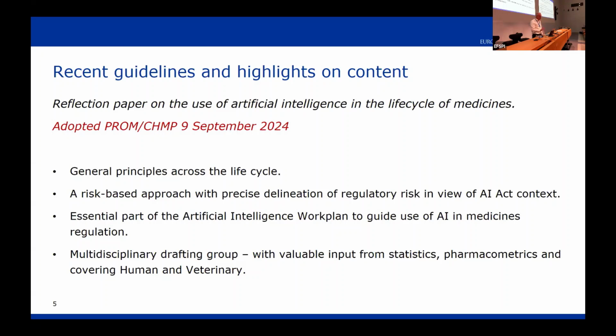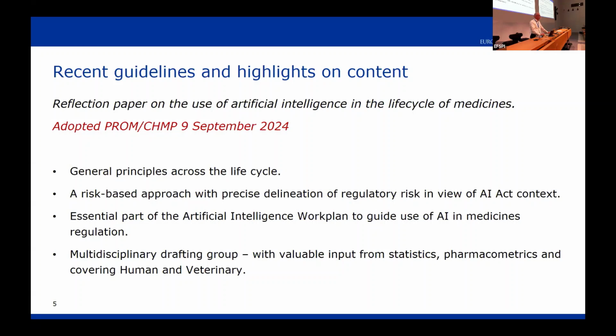Second one I wanted to mention, also adopted last Monday, is the reflection paper on the use of artificial intelligence throughout the life cycle of medicines, delineating general principles. I will not drill down into the entire guidance. I would promote reading it because I think it's very important for statisticians.